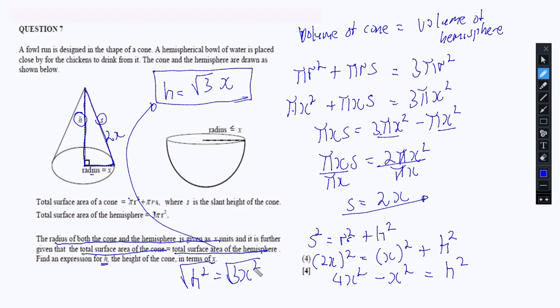Remember, the x squared here, the 2 will cancel out, so the x comes out of the square root, but then the 3 cannot leave the square root there because if you just say root 3, it remains as root 3. Okay, and then that's all you needed to do there. Awesome. So again here, we did not find the numerical value of h. We only expressed it in terms of x.